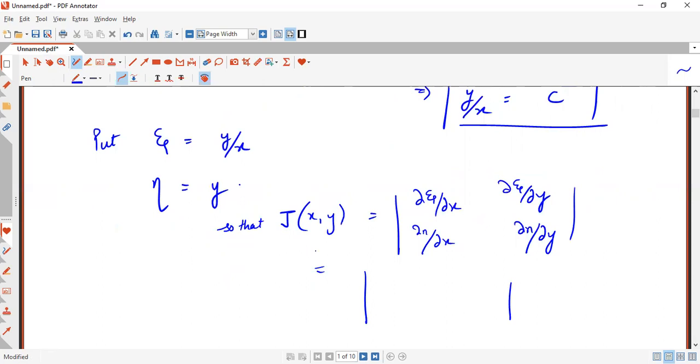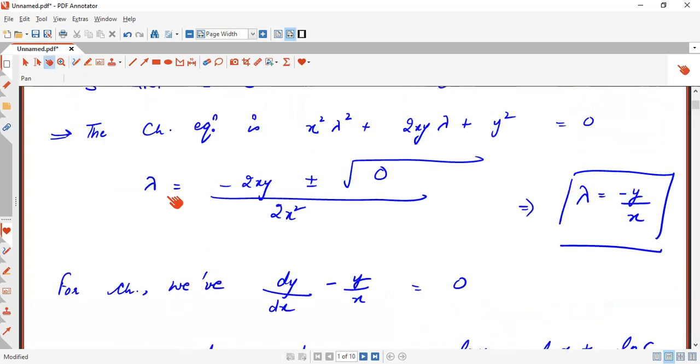Del xi by del x: y is constant, and with y upon x you are differentiating with respect to x, so it will become minus y upon x square. Del xi by del y is 1 upon x. Del eta by del x will be 0, del eta by del y will be 1. So if you find the determinant here, it will be non-zero. This is what I am trying to say: whatever xi and eta you choose, the Jacobian must be non-zero, right? Alright, so we have chosen it.